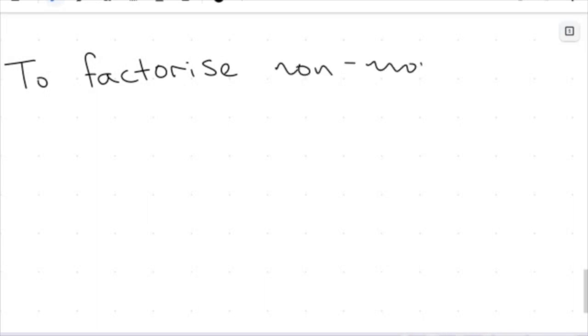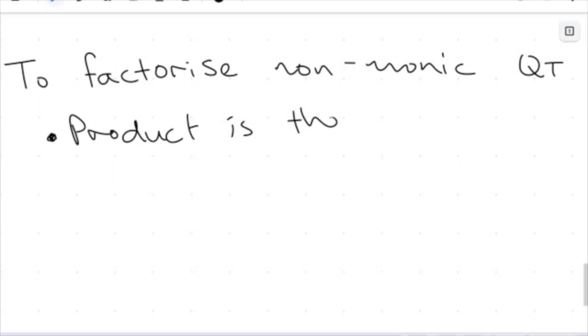So now we know that to factorize non-monic QT, quadratic trinomials, we can still use PSF, and we're finding the product, the sum, and then the factors, but the product is my coefficient A times my constant C at the end.